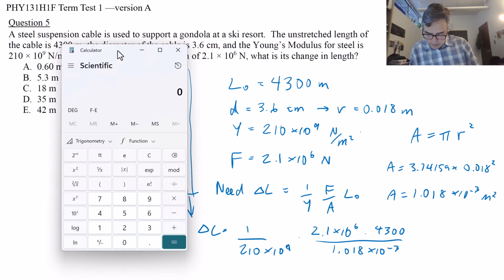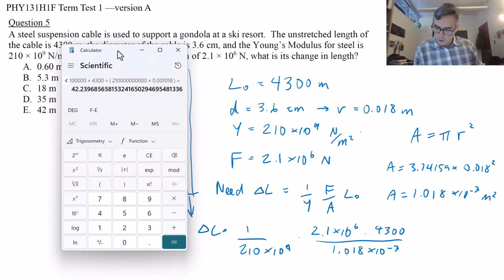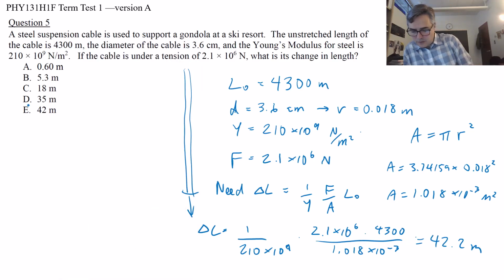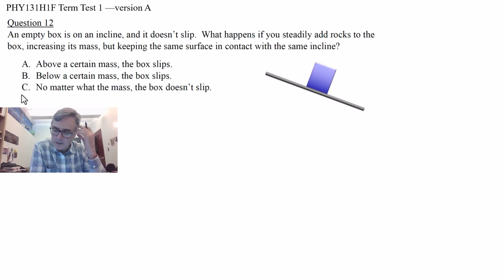Let's plug all that into my calculator. 2.1 times 10 to the 6 times 4,300 divided by, open parentheses, 210 times 10 to the 9 times 1.018 times 10 to the negative 3, end parentheses, equals 42.2 meters. That's closest to E.